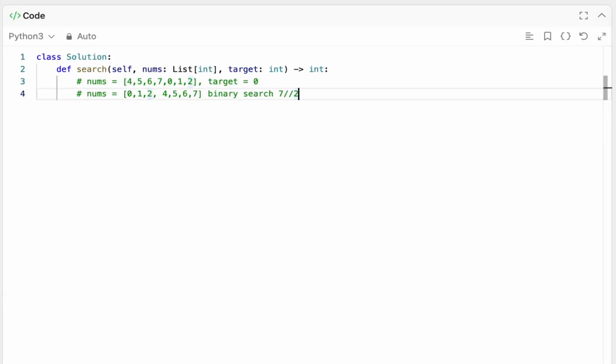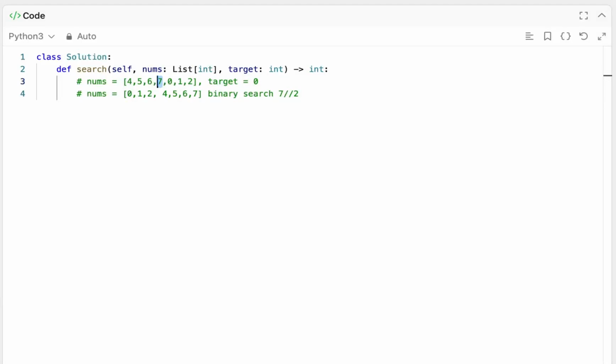Here, the problem we do have is that there's a given k that rotated the array. So if I do the same thing here, let's say I take the middle of this one, right? 3 to the left, 3 to the right.